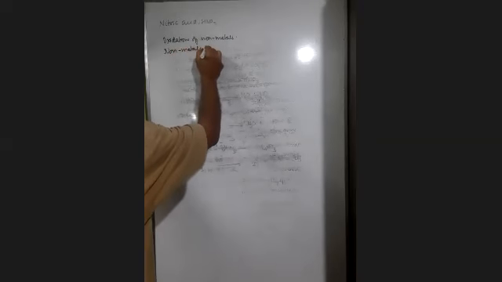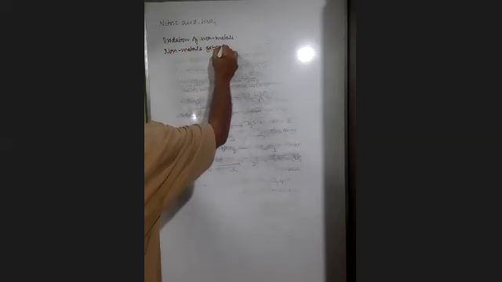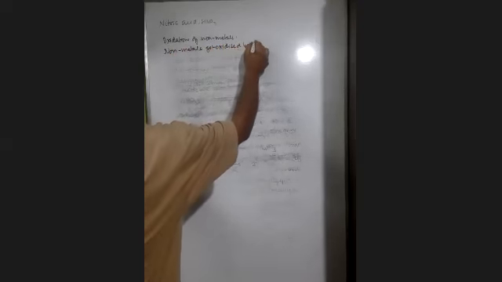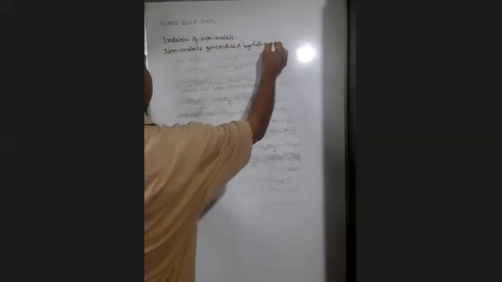See, non-metals are oxidized only by hot and concentrated nitric acid. Non-metals get oxidized by hot and concentrated HNO3. Now, in that case, what equation are you going to use?